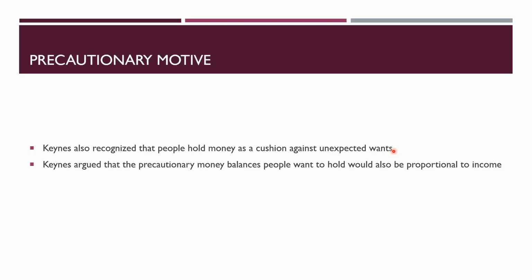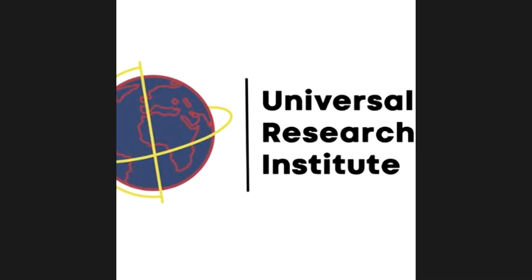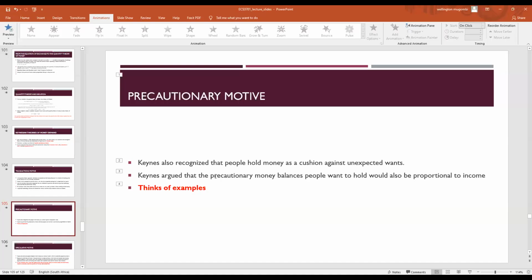So Keynes argued that the precautionary money balances people want to hold would also be proportional.